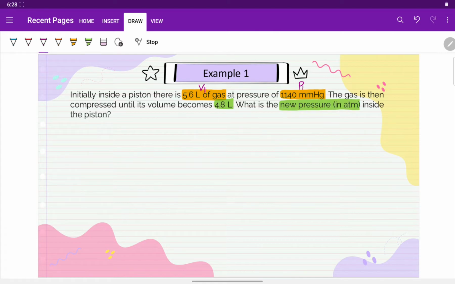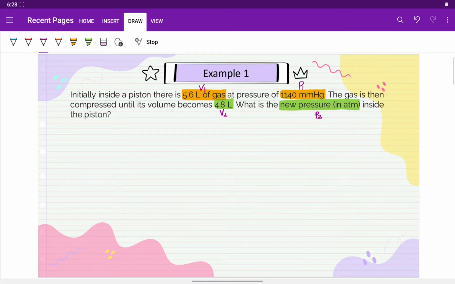Maksudnya dekat sini this is V2, this is P2. Okay, kita dah keluarkan maklumat, kita dah label.